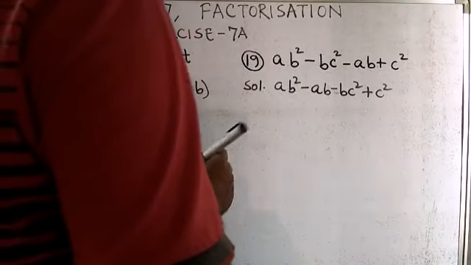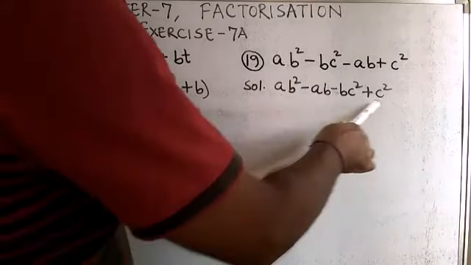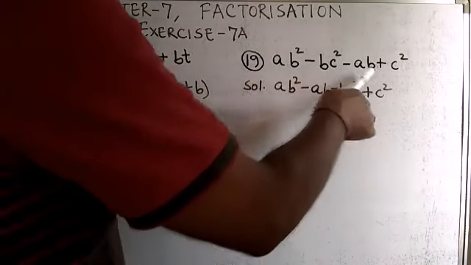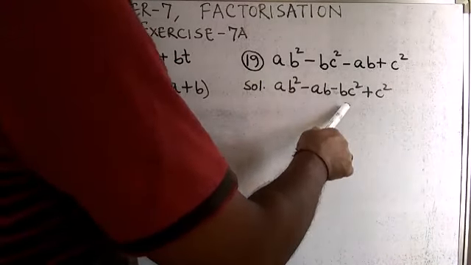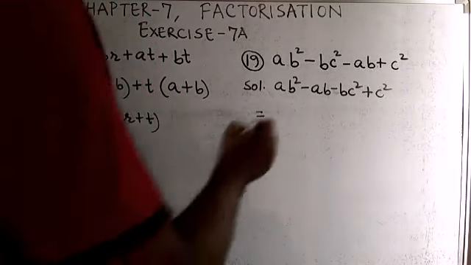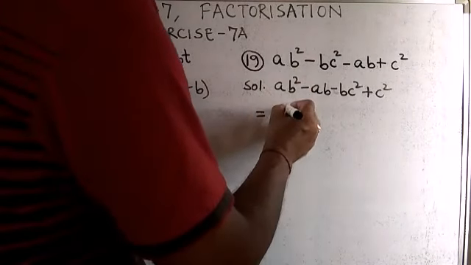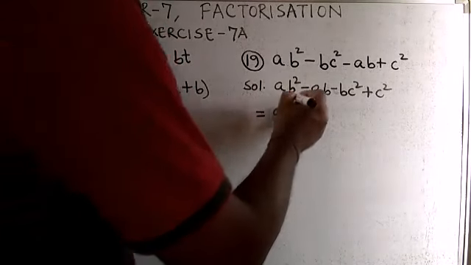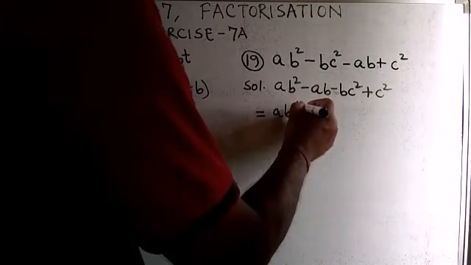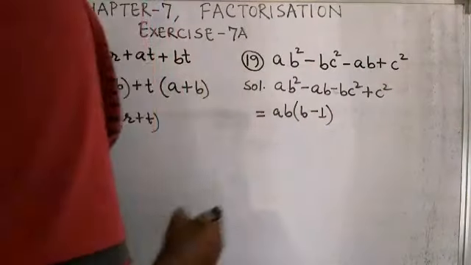In the next question, see, I have already arranged them: ab square minus ab minus bc square plus c square. Here I have to choose the first highest common factor ab, so that b remains, minus 1.